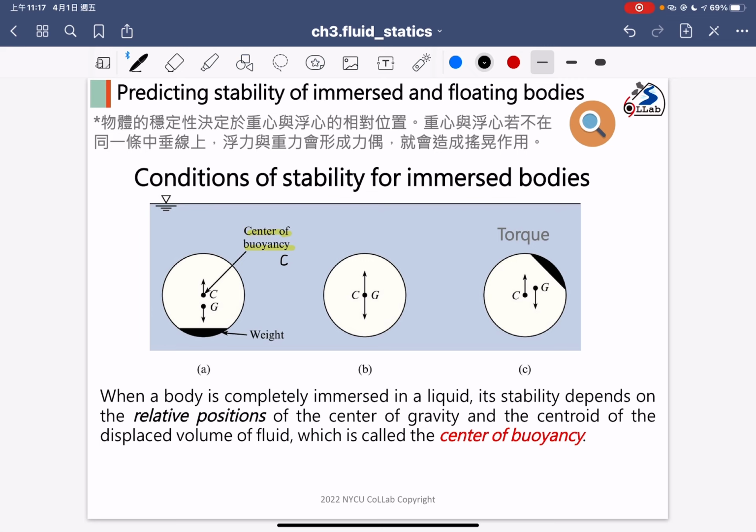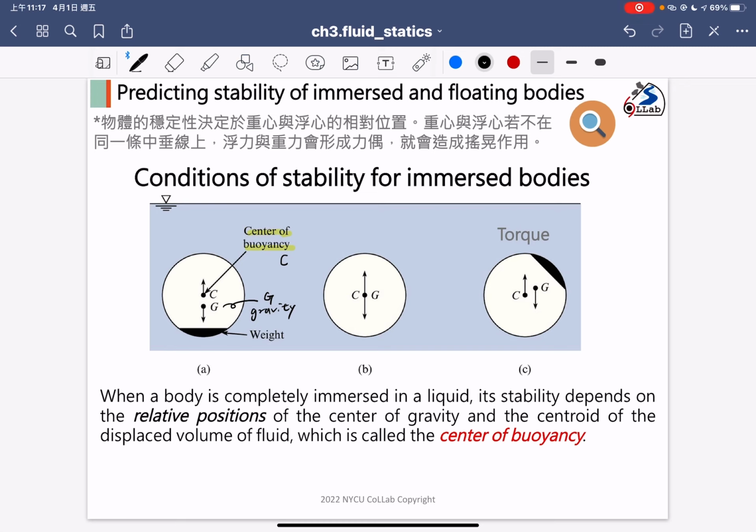And the second one, G, we call the center of gravity. Based on these two points, C and G, and their relative positions, we can predict whether the body is stable or not.